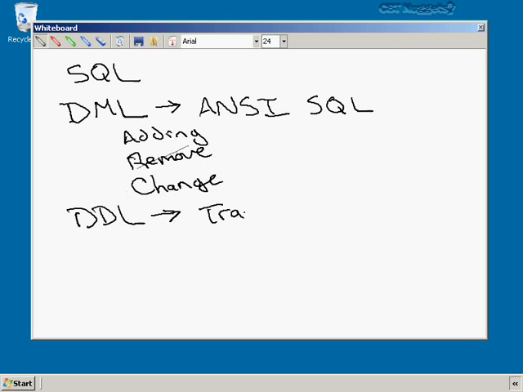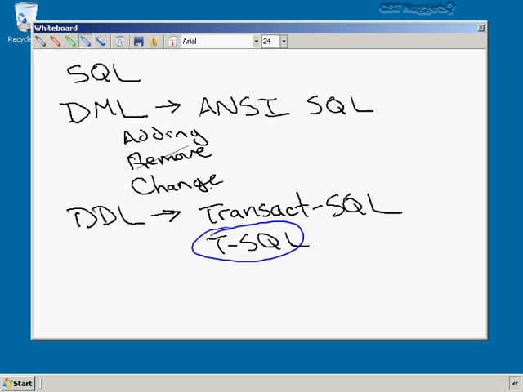Microsoft's is called Transact SQL. And a lot of times you'll just see that abbreviated as T-SQL. So Microsoft's sort of superset of the SQL language is called T-SQL. And part of that does comply with the ANSI SQL standard for data manipulation language.